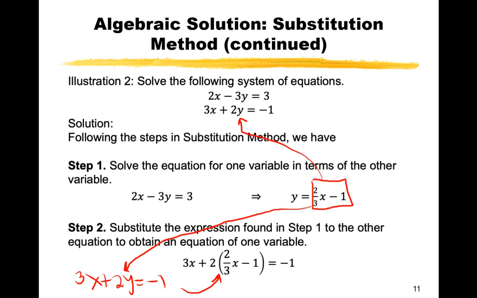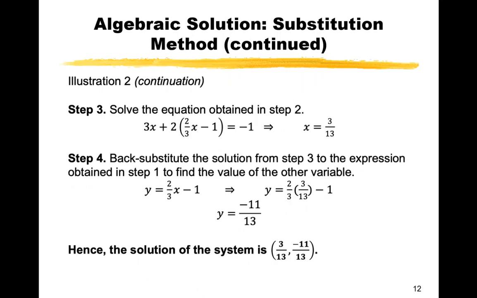And of course, we have to simplify that and perform the indicated operations. No? So if we try to simplify that, we have 3x plus 4x over 3 minus 1 equals, that should be minus 2, equals negative 1. And further simplification will yield us ng answer na x equals 3 over 13.